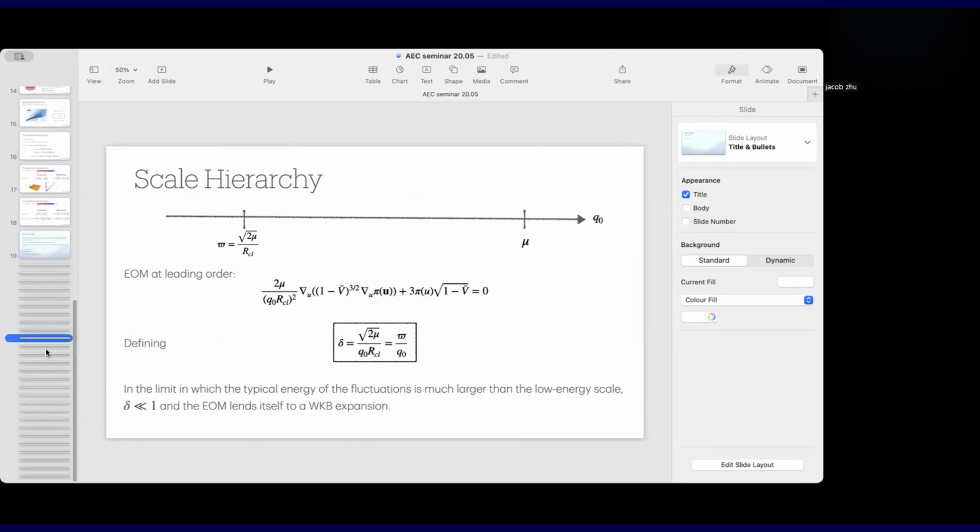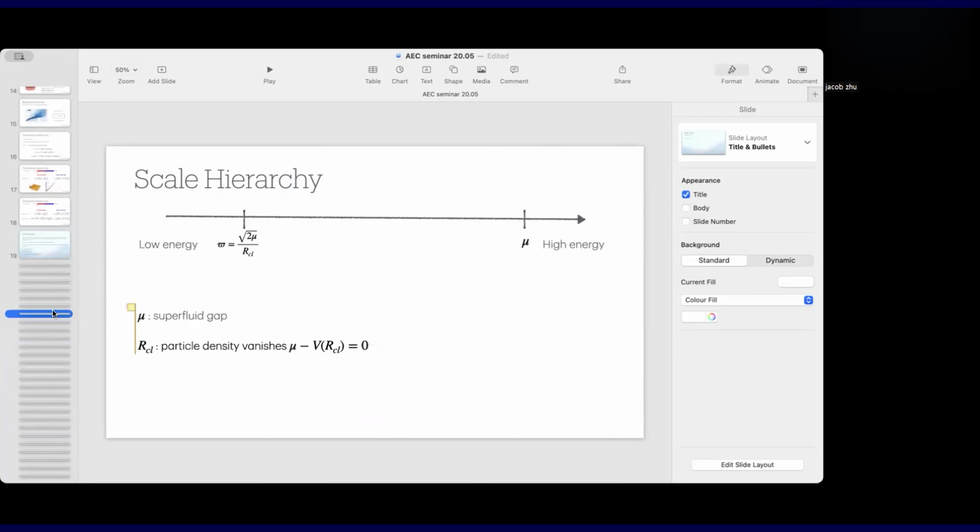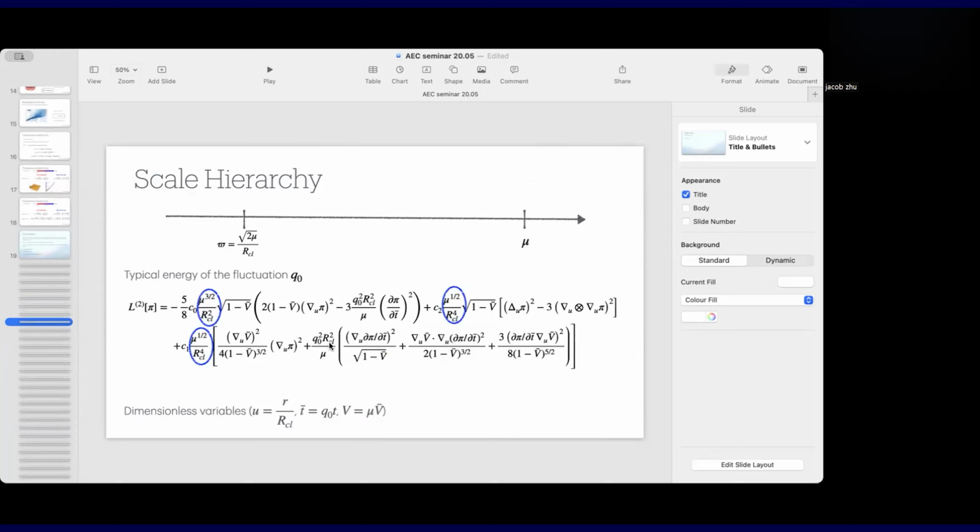Well, I could. Okay. Now, I guess maybe the important step is how you define those scales. So that's how you define the classical radius. That's the density of charge, and you want it to vanish on the boundary, right? That defines your radius. So if you have a harmonic potential, you can solve for the classical radius.